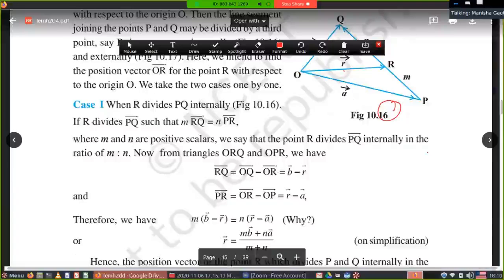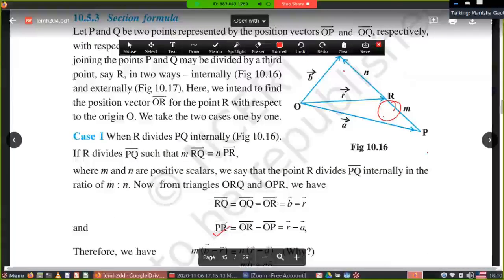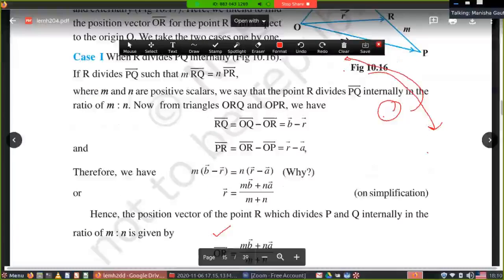M multiplies the B vector and n multiplies the A vector, opposite to each. So it is written as (m B vector plus n A vector) upon (m plus n).